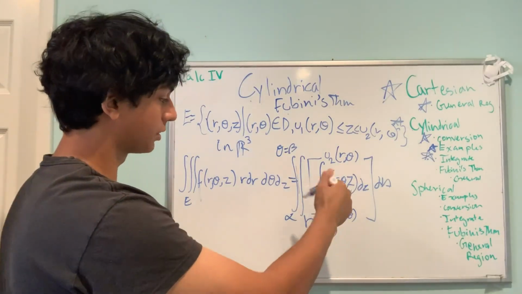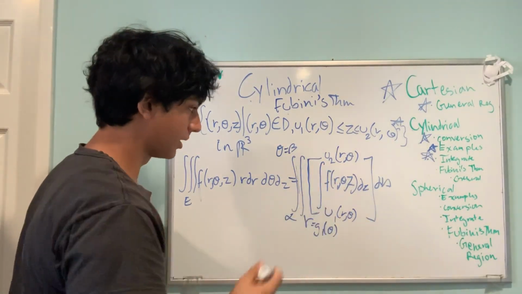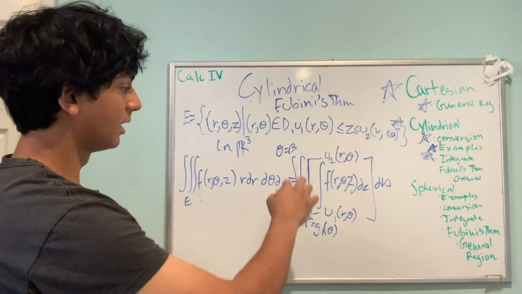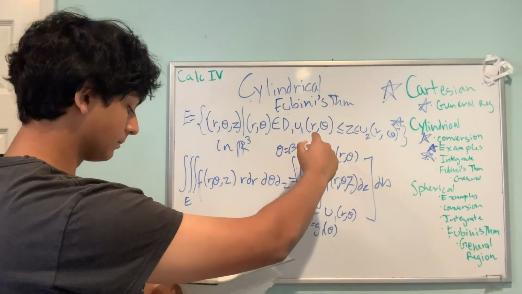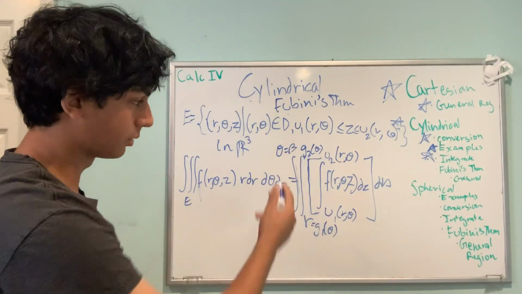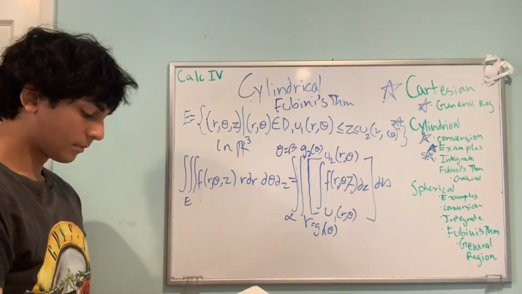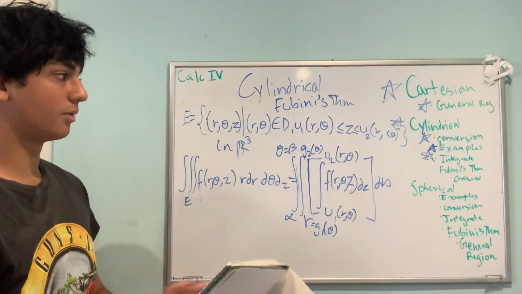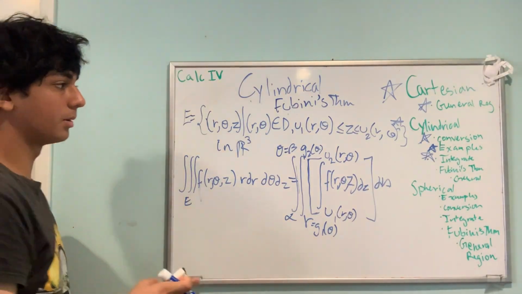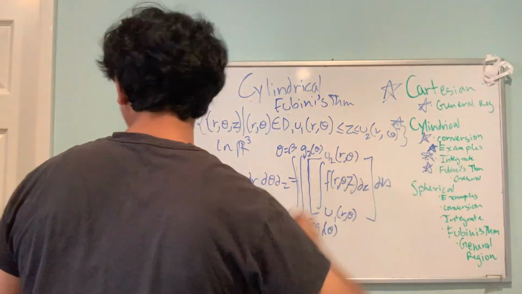Yes, you can have multiple functions like this. You just have to make sure that you're integrating the right way to eliminate all the functions. So always have a constant there. And g2 of theta up there, r equals g2 of theta. And this is pretty much how you do it over a general region. And that wraps up cylindrical coordinates.